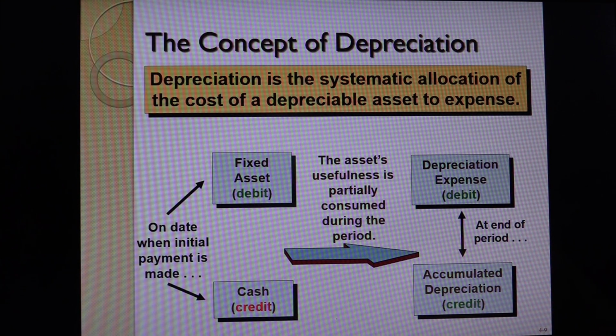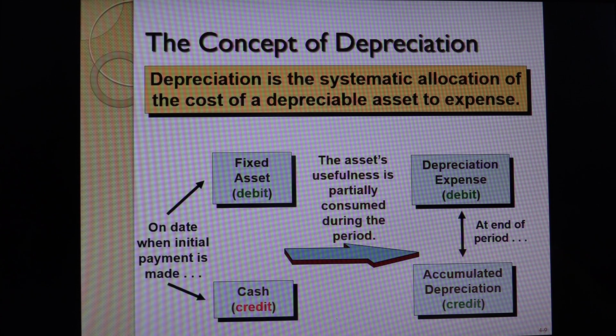So you book the cost of the equipment as an asset, equipment, and you have to determine the useful life of it and expense it through depreciation over its estimated useful life. And so on the date when the initial payment's made, you're going to either pay with cash or on credit and eventually pay it with cash.